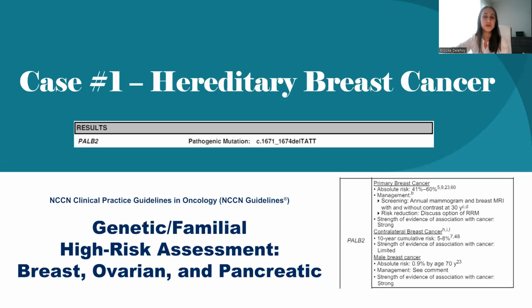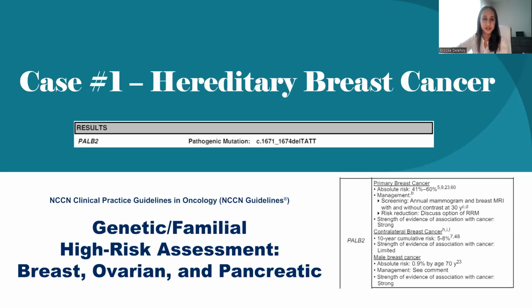PALB2 is actually one of the genes that we consider to be a hereditary breast cancer related gene. And you'll see the exact, as we said, pathogenic mutation, pathogenic variant, they all mean the same thing. The exact spot in the PALB2 gene that the mutation was identified in, right there in the middle of that, again, white and gray rectangle.